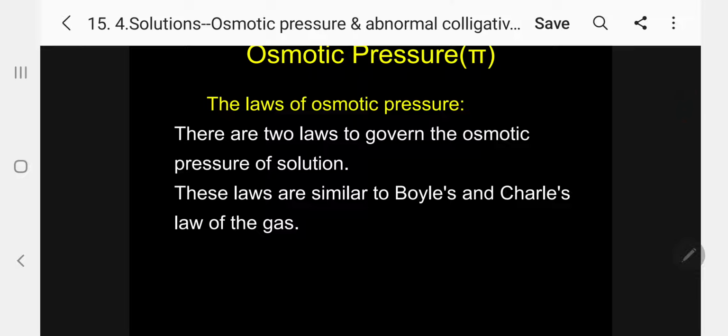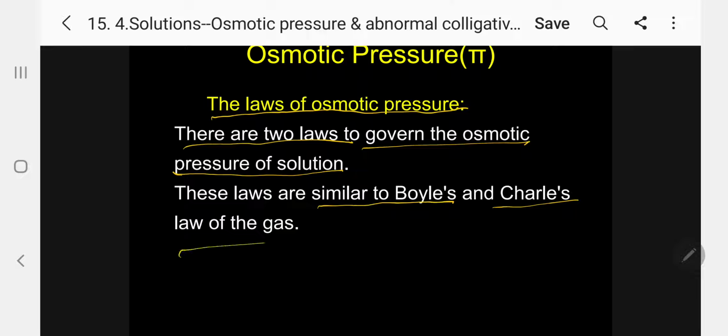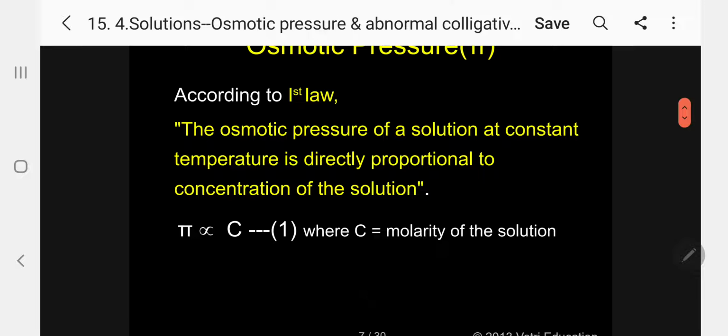Under osmotic pressure, there are two laws. There are two laws that govern the osmotic pressure of the solution. These laws are similar to Boyle's law and Charles' law of gases, just for comparison. So let me concentrate on the first law and second law.